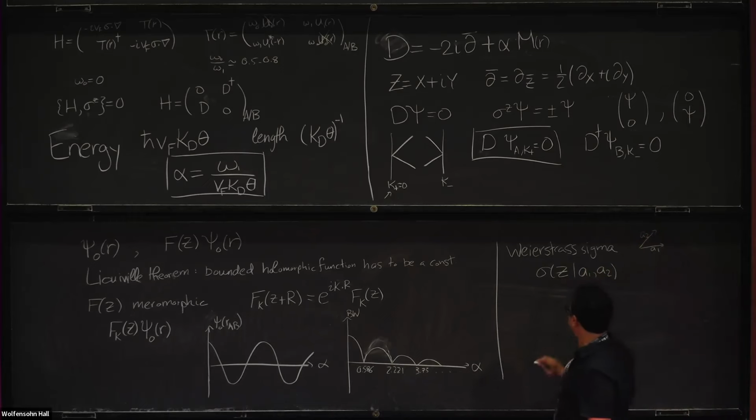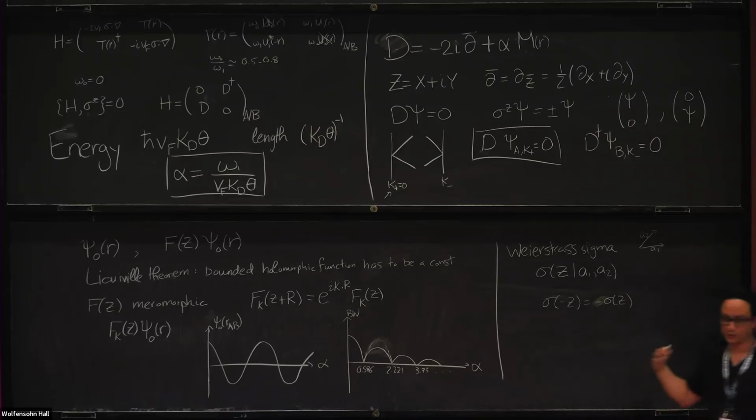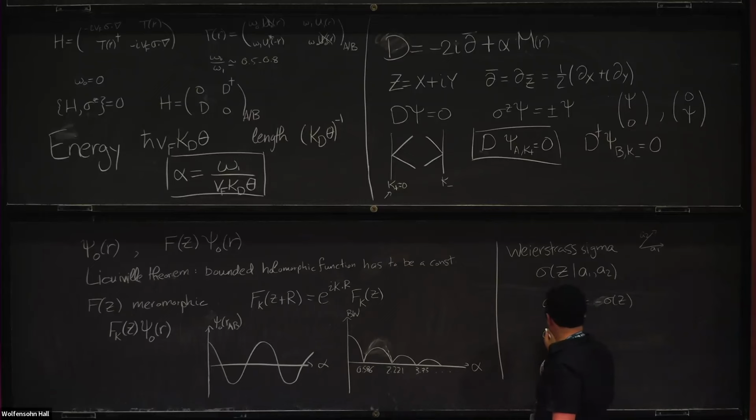And it has the property that it is an odd function of Z, which means it has a zero of first order at Z equals 0. And the second most important property is how it behaves under translation by a lattice vector. So here R is n A1 plus m A2.